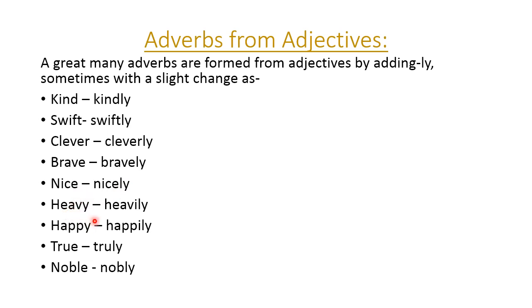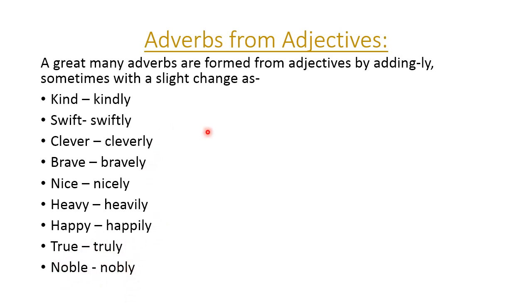Heavy, y is there. It is ending with y. What are we going to do? We are going to remove this y and add I and then ly. Heavily. Happy, again it is ending with y. See, happily. True, truly. Noble, nobly.